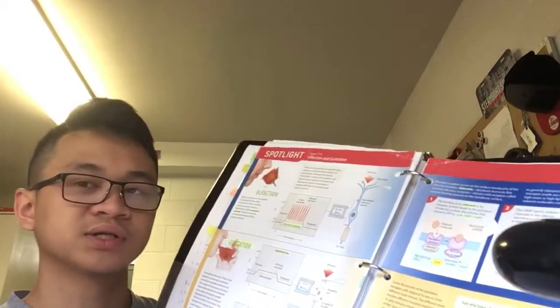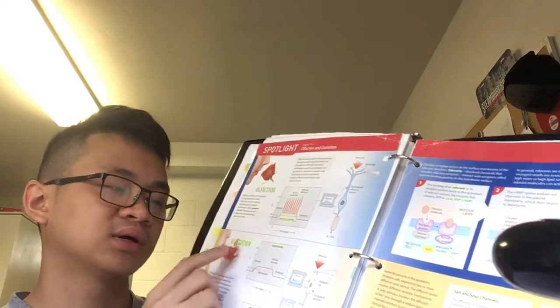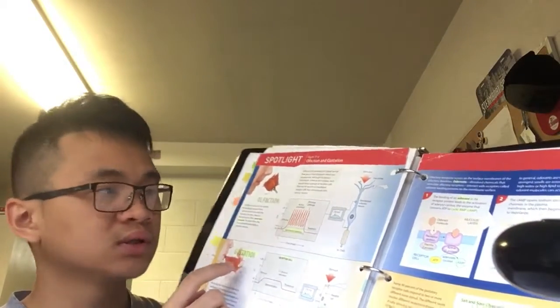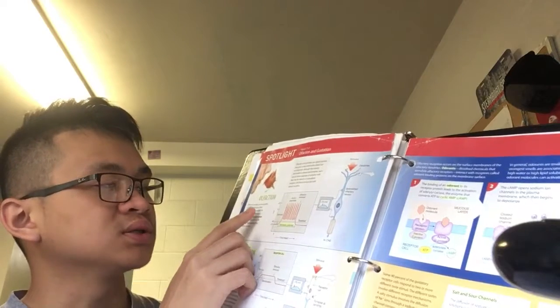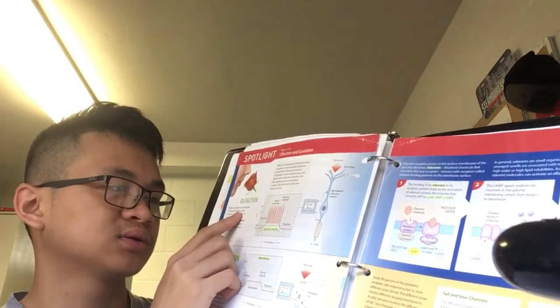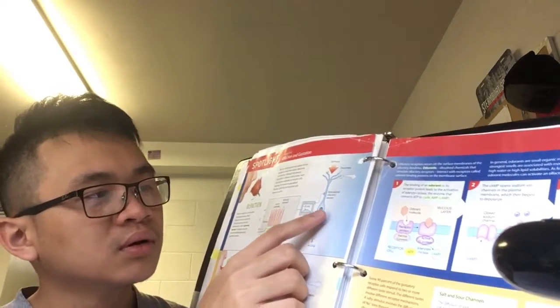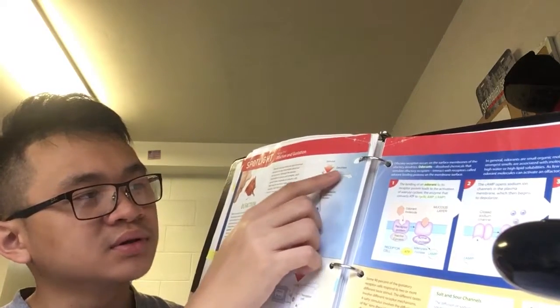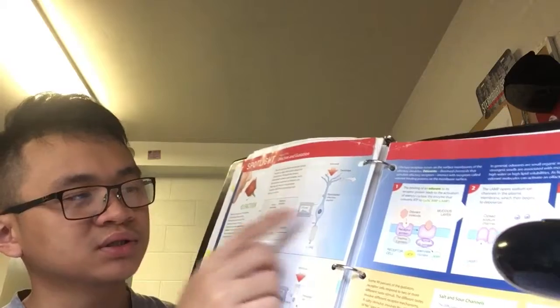So here's a better picture of your senses. Olfaction, smell, and gustation, taste. You can see olfactory receptors are dendrites, specialized neurons. This is a specialized neuron.